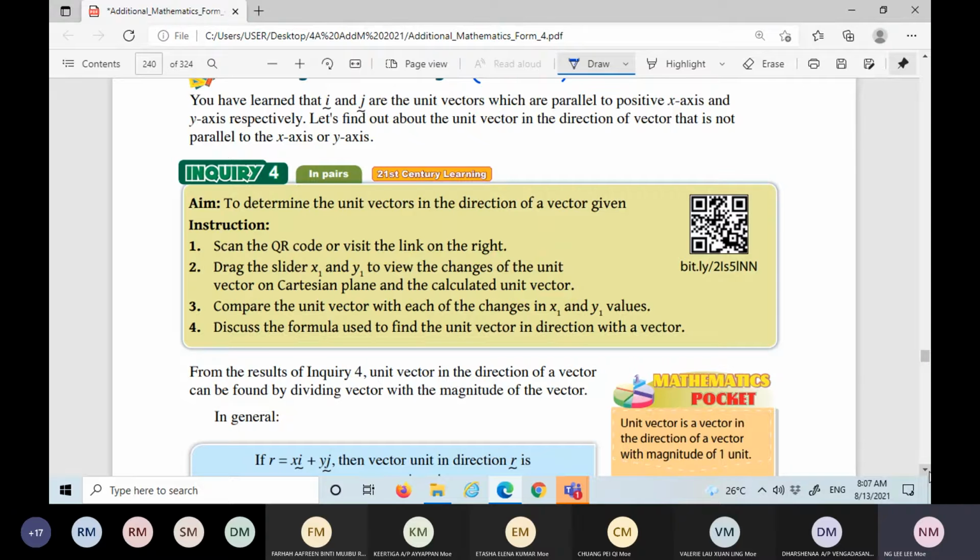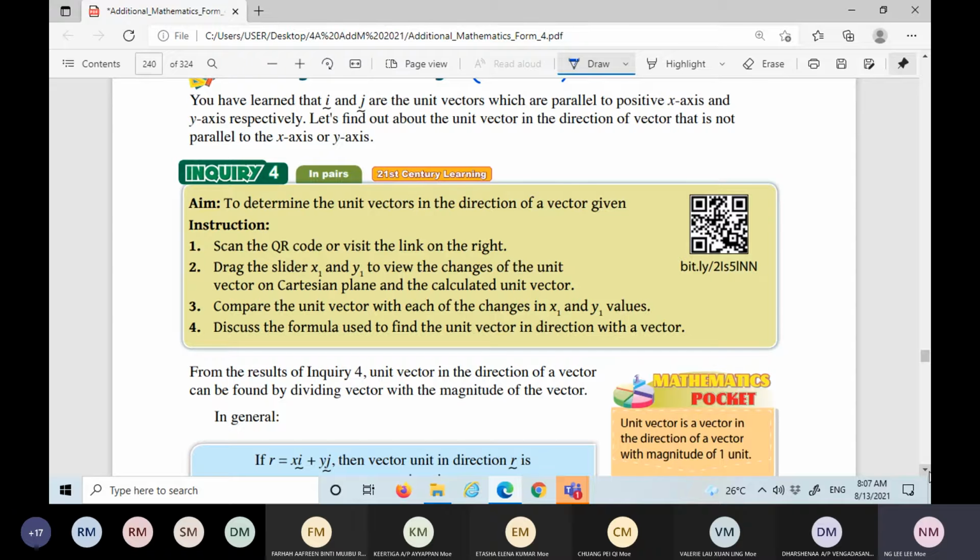One very important property of the unit vector is that the magnitude is 1, because the word unit stands for 1. So a unit vector means that vector will have a magnitude of 1. This is the meaning of a unit vector.